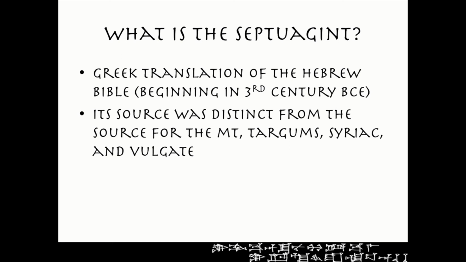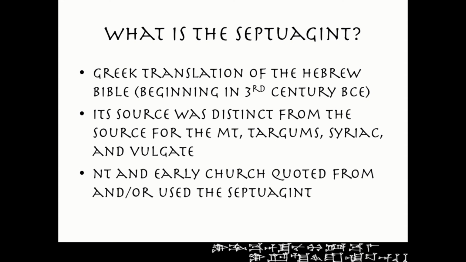The thing to remember text critically is that its source was distinct from the source for the MT, the Targums, the Syriac, and the Vulgate. So it's a very important witness to the Hebrew Bible because it's ostensibly a different Vorlage, as we talked about earlier. The New Testament, the early church quoted from and or used the Septuagint.